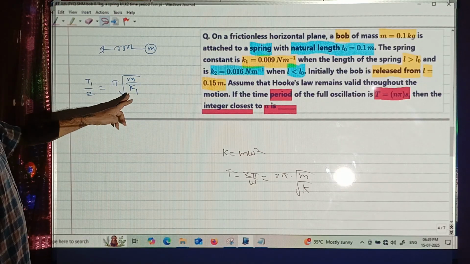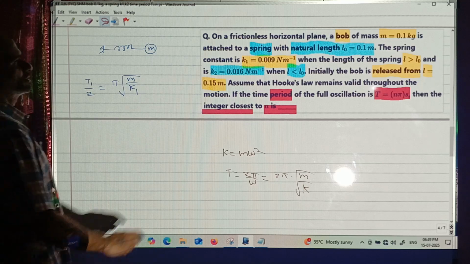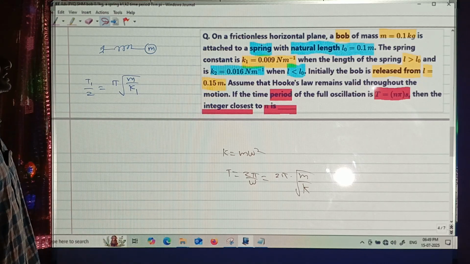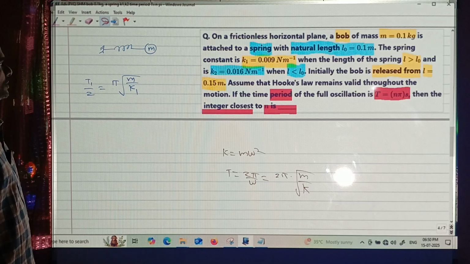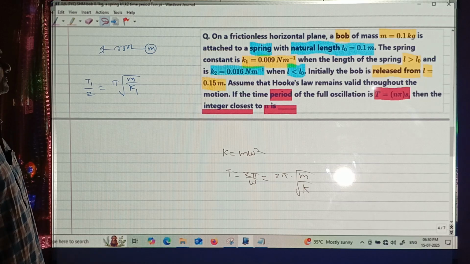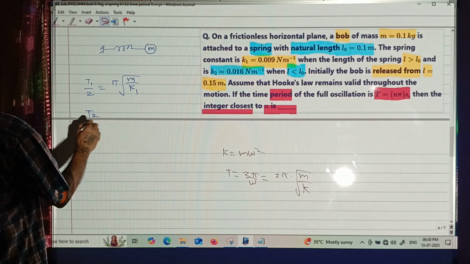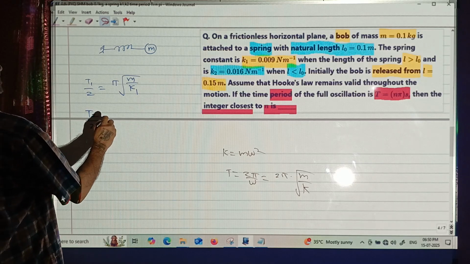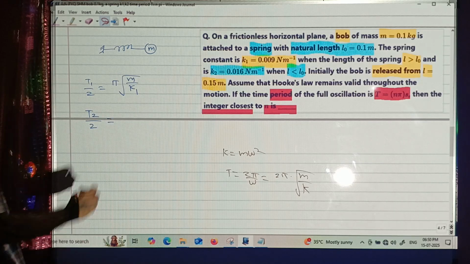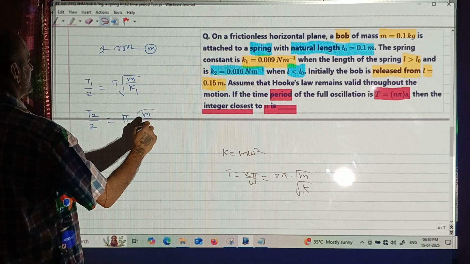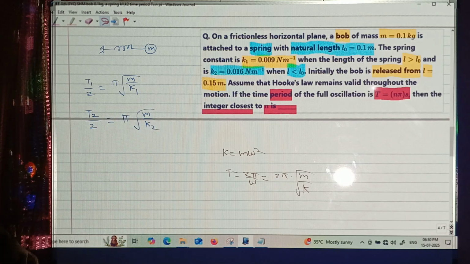The spring has spring constant K1 when it is getting stretched. The initial position is 0.15 meter and the natural length is 0.1 meter, so initially it's in a stretched position. So the first half will be a stretched motion, and the other half of the motion will be compressed motion, so that will be the time corresponding to pi times root of m by K2.